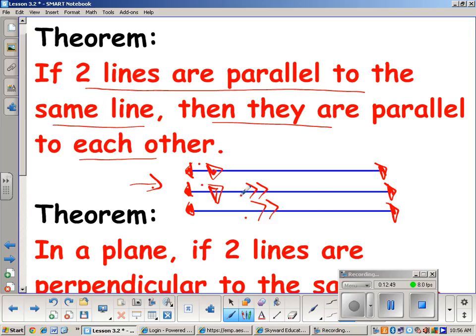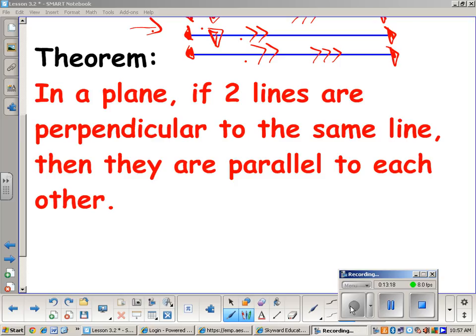Note how we're saying this. Then we can say that this third line is also parallel to the first line. Now that seems like common sense, but this is telling us that this is an accepted fact.